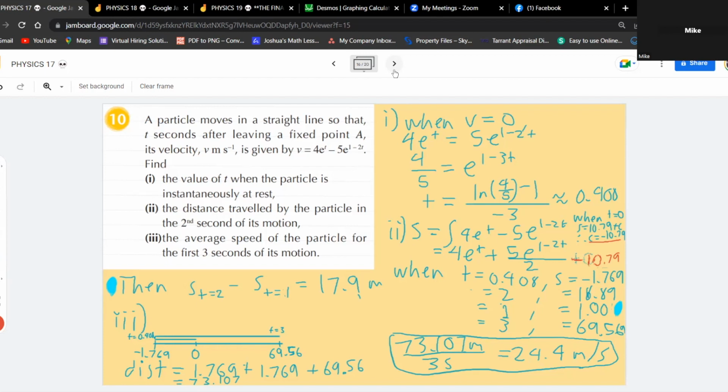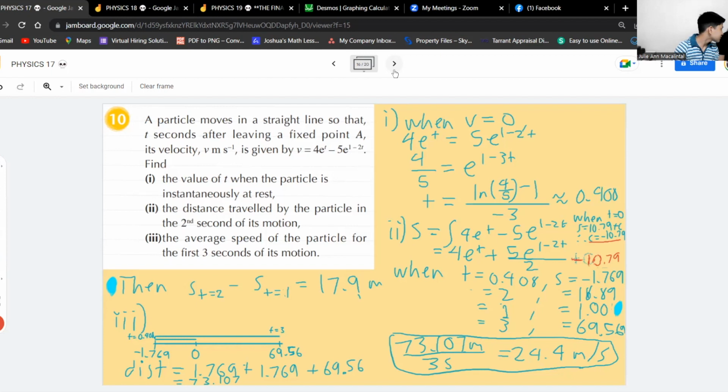So t is equal to 4/5 minus 1 over 3. Minus 1 is negative 3t, so negative 3. Or negative 3. Um, 0.408.